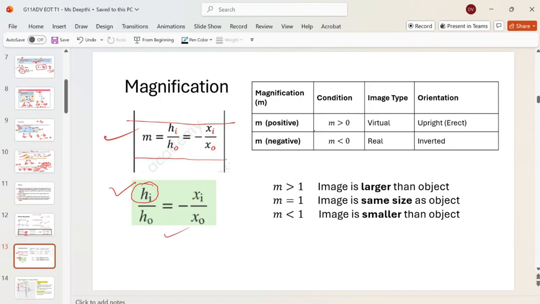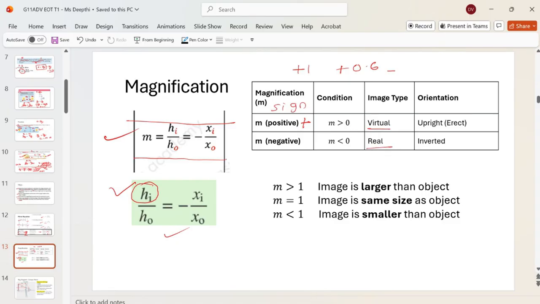Now, there are some more things that you need to know. If the sign of M is positive, if the answer that you find for magnification is a positive number, for example +1 or +0.6, these are all positive numbers, right? This sign of magnification shows the type of the image, if it is virtual or real.